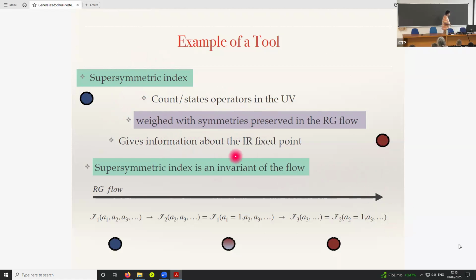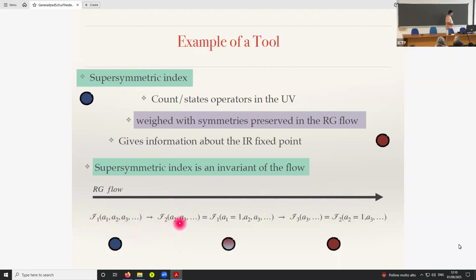So let me stress this property. Here is, for example, the arrow representing the renormalization group flow. Say we start with a certain theory here, and it has a certain global symmetry. And we turn on fugacities, parameters for each one of the U1s, the Cartan generators of the global symmetry. So we have many of these parameters, say A1, A2, and A3.